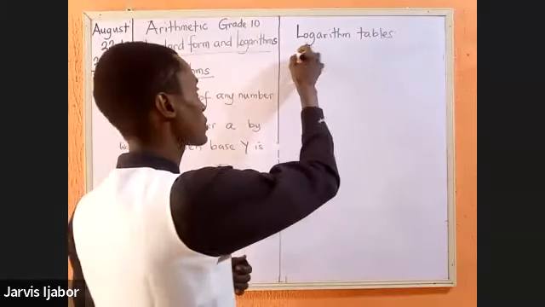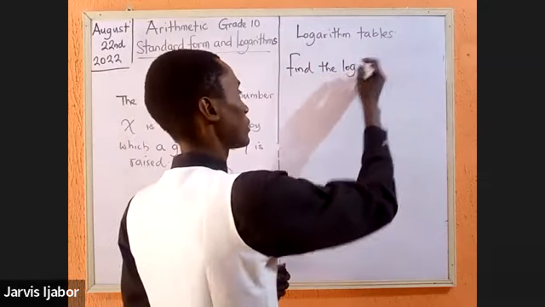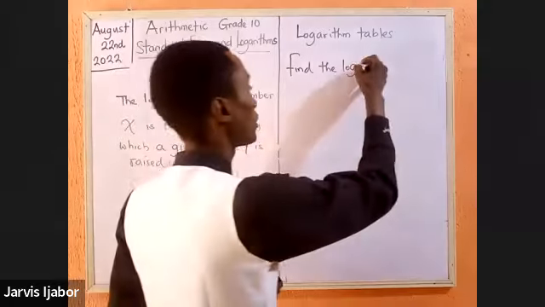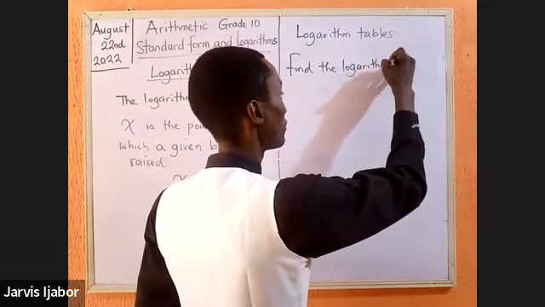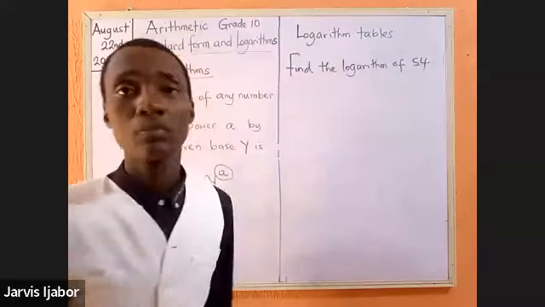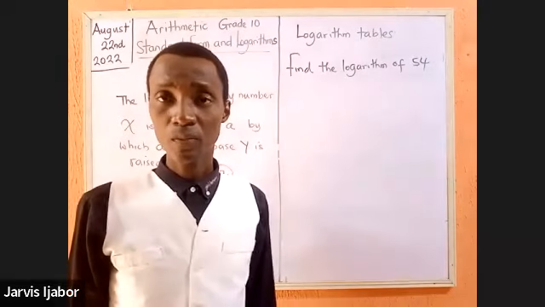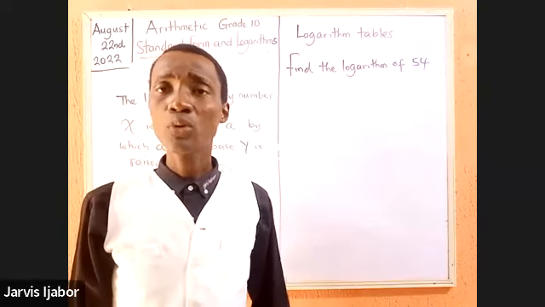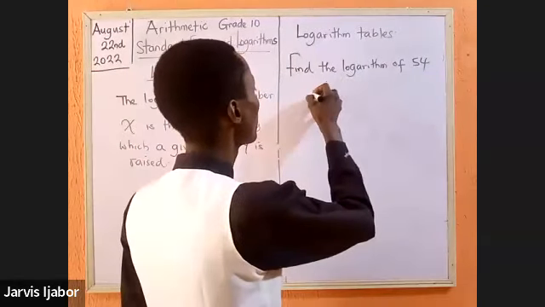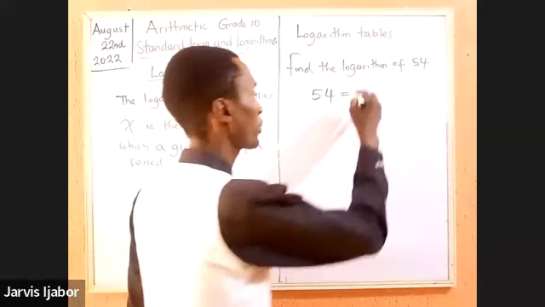Now, you can be asked to find the log, some people say logarithm, log for short, the logarithm of 54. Find the logarithm of 54. So, how do you solve this? Now, this is what you're going to do. You simply say 54 will be equal to, you write this in standard form, will be equal to what?